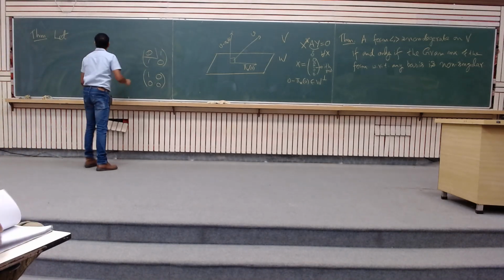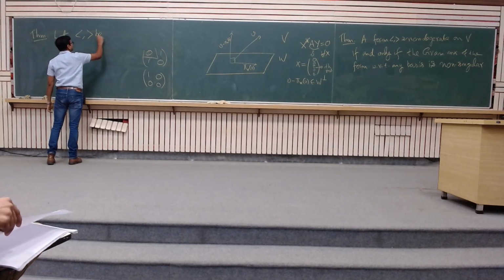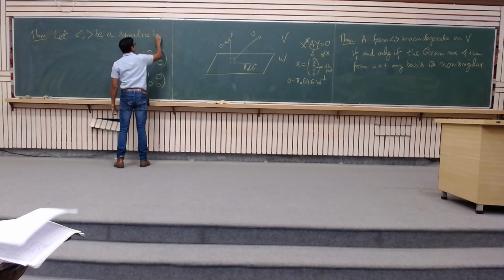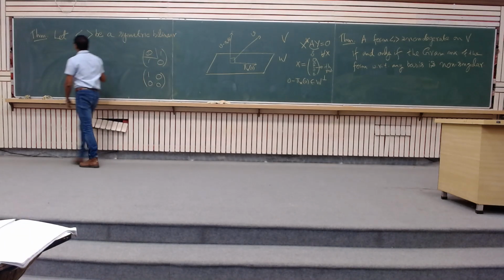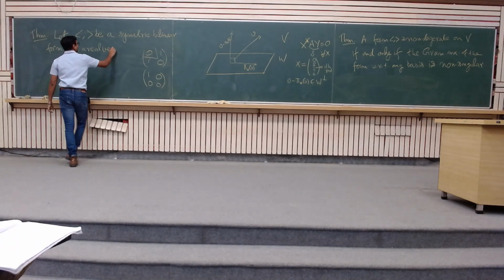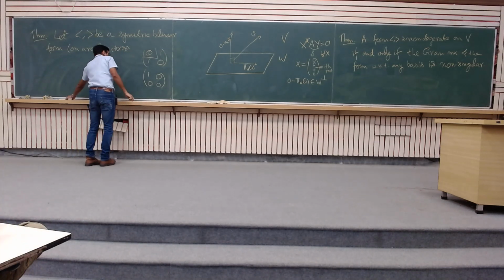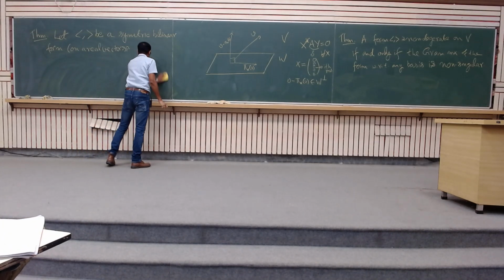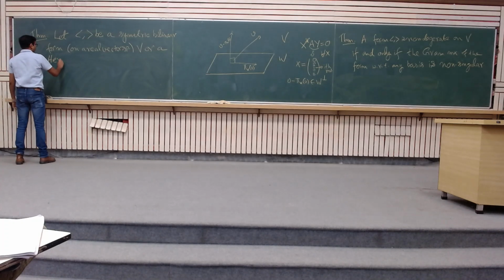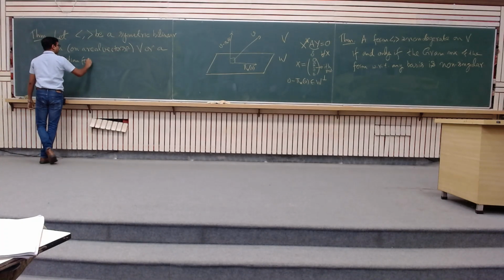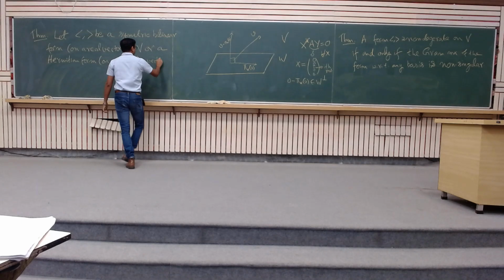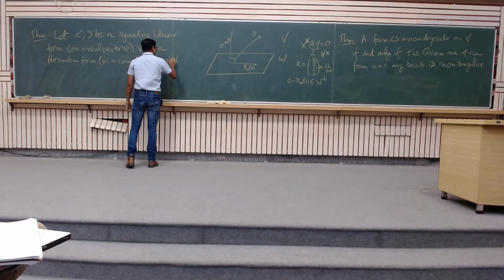Let this be a symmetric bilinear form on a real vector space V, or a Hermitian form on a complex vector space V. Okay.